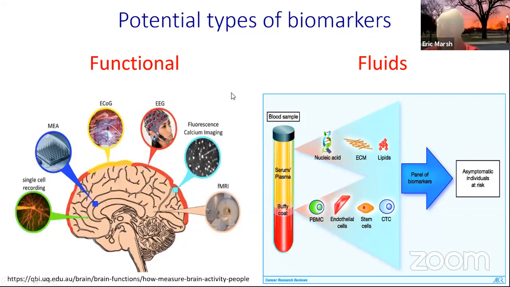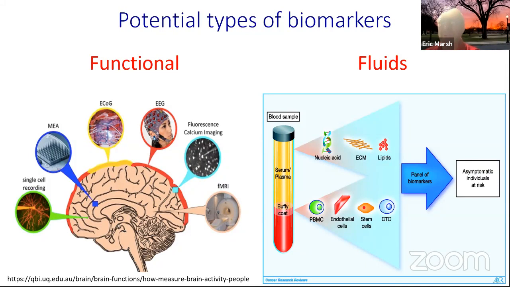And so really, there are two broad classes of disease biomarkers that one can have. There are what we call functional biomarkers, and this is for neurologic disease specifically. These are things that are measuring the activity of the brain. As you all know, the brain's activities are walking and talking and thinking and sleeping and all the things that we do.